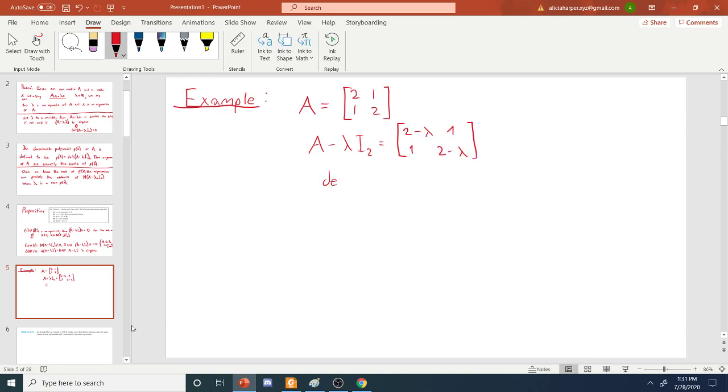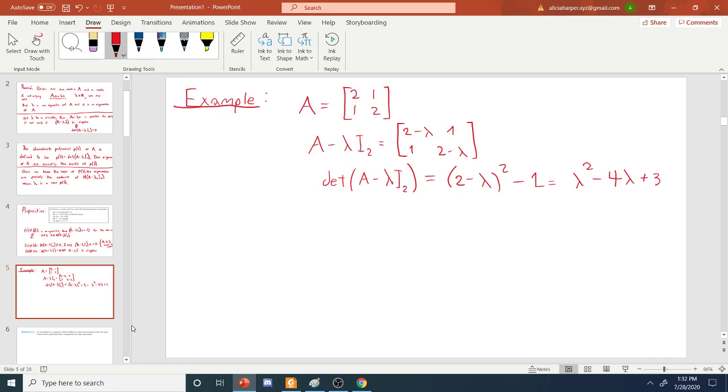The determinant of this is thus equal to 2 minus lambda squared minus 1, which is the same thing as lambda squared minus 4 lambda plus 3.